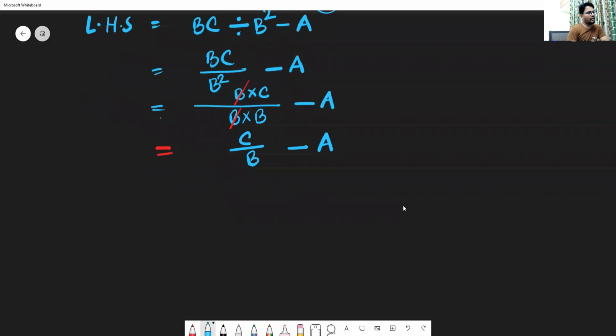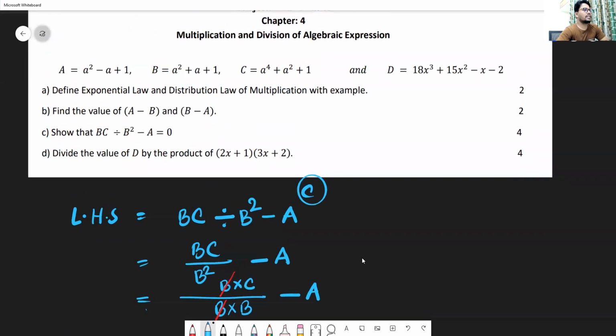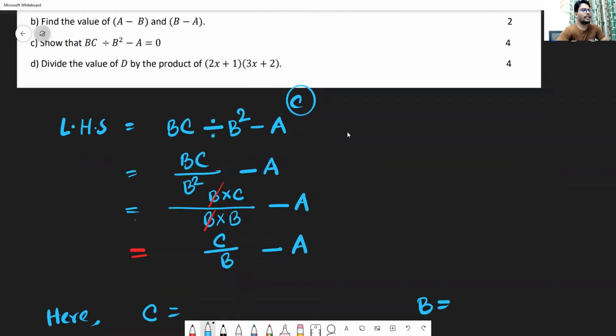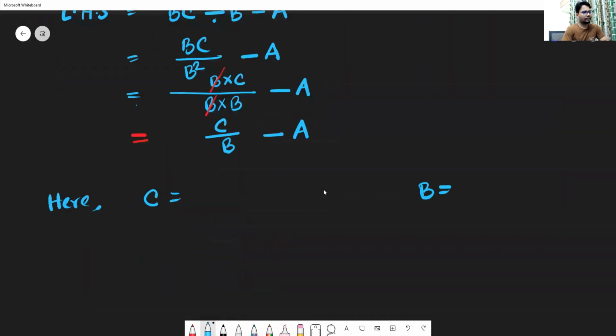So now here C is called the dividend. So what do we write here? C, and this is B. So now the value of C is a to the power 4 plus A square plus 1.